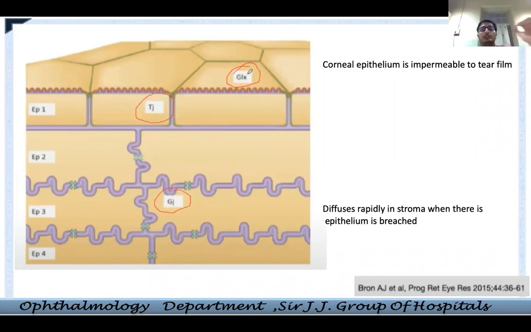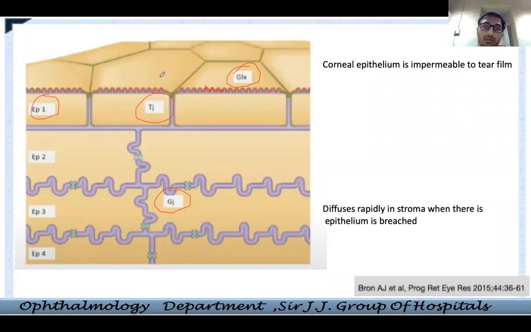Okay. Now this glycocalyx, basically it's a very characteristic microvilli which are there on the surface epithelium, or in very simple language, the most superficial epithelium of the cornea. What do they do? As you know, tear film is made up of three layers: mucin, aqueous, and the lipid.